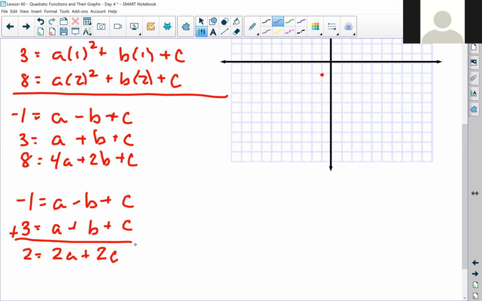The b was eliminated. And now I can do the same thing with the first equation and the third equation, but I do need to multiply that first equation by 2.